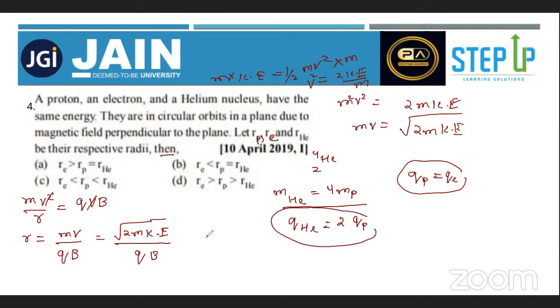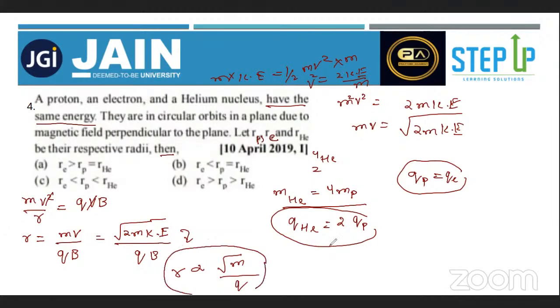If I'm trying to interrelate the things from here, R is directly proportional to root over m, if I take the kinetic energy as the same, because they mentioned that they have the same energy. From this equation, kinetic energy is the same and 2 is a constant, so R is proportional to root over m upon q. So these are the two things we have to see.